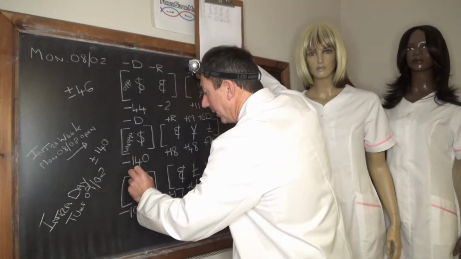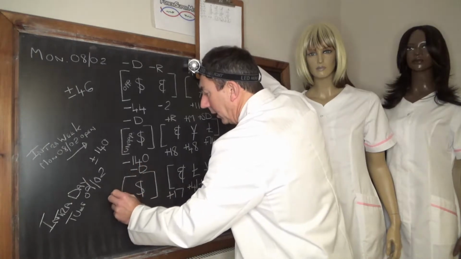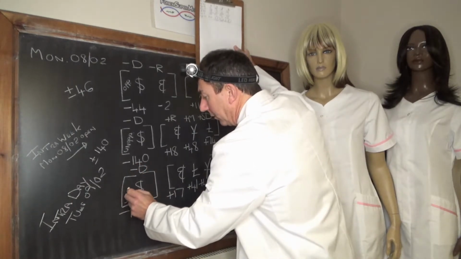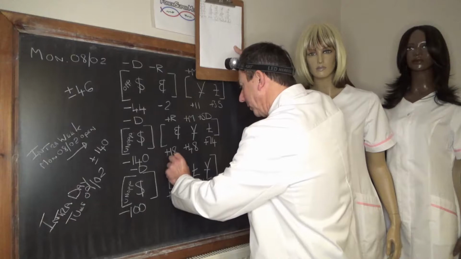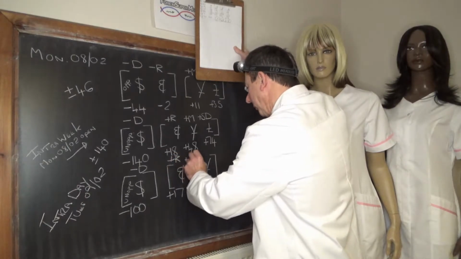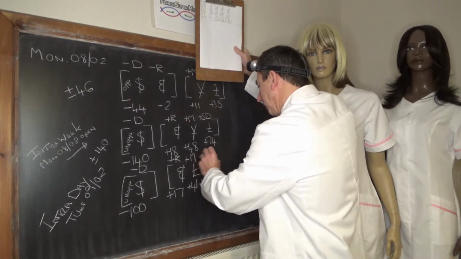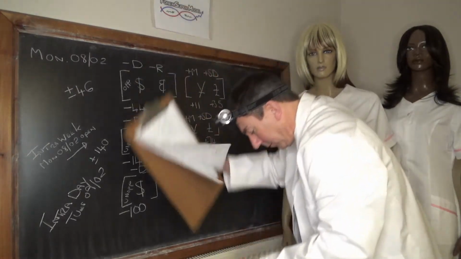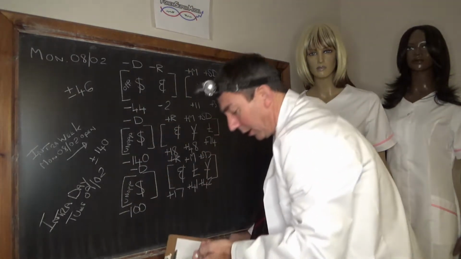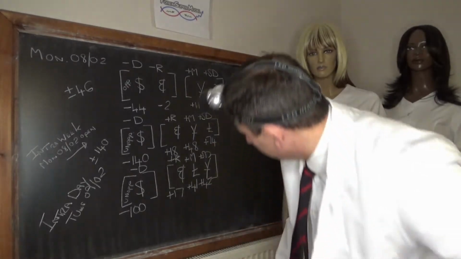So we've got a negative unopposed driver in the dollar, a positive rock in the euro, positive mover in the pound, and a positive secondary driver in the yen.